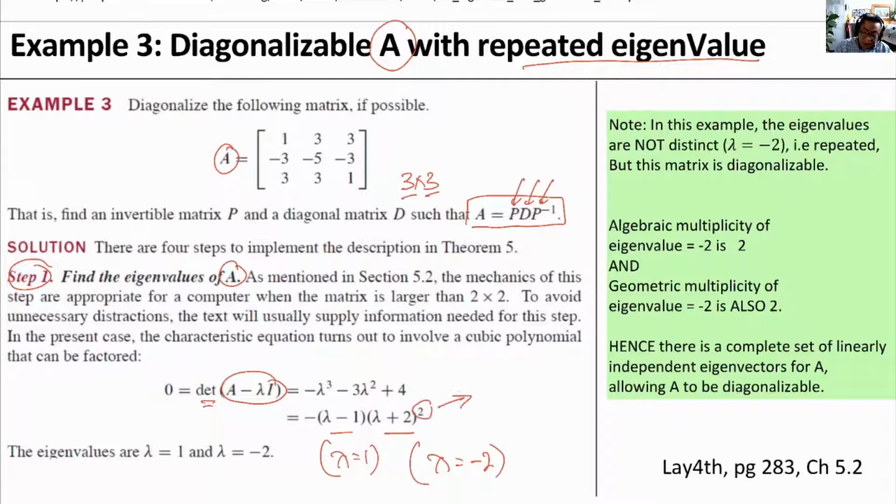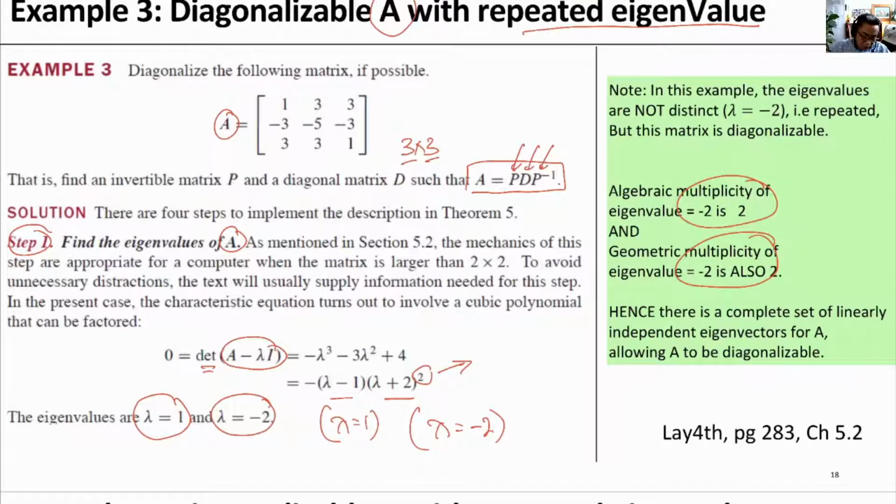Because it's repeated, we know that there are only 2 distinct eigenvalues, but the algebraic multiplicity for lambda equals minus 2 is 2. The geometric multiplicity is also 2, and we will show it in the next few slides. Because this is so, the matrix is diagonalizable.